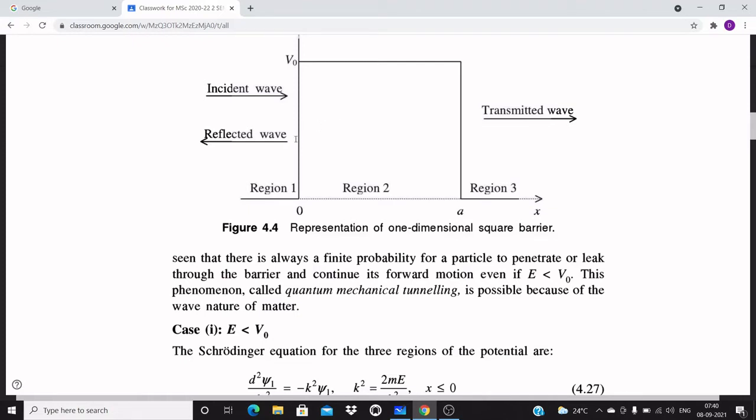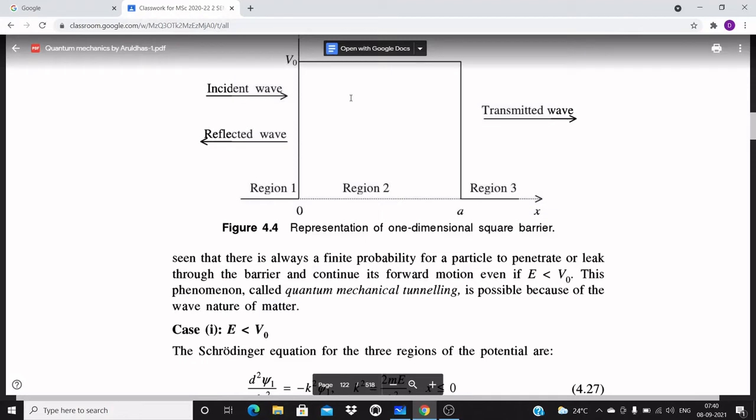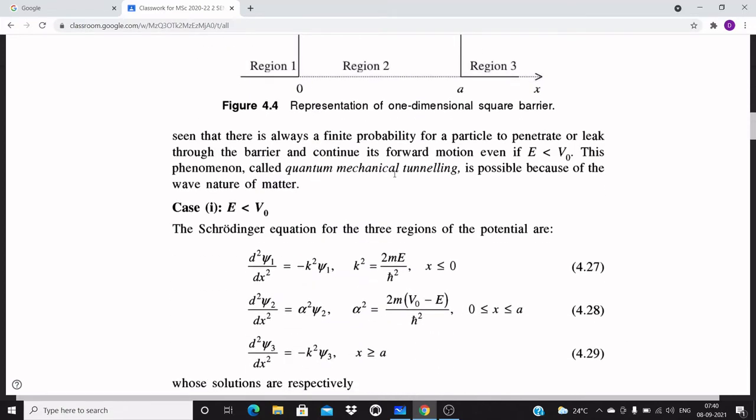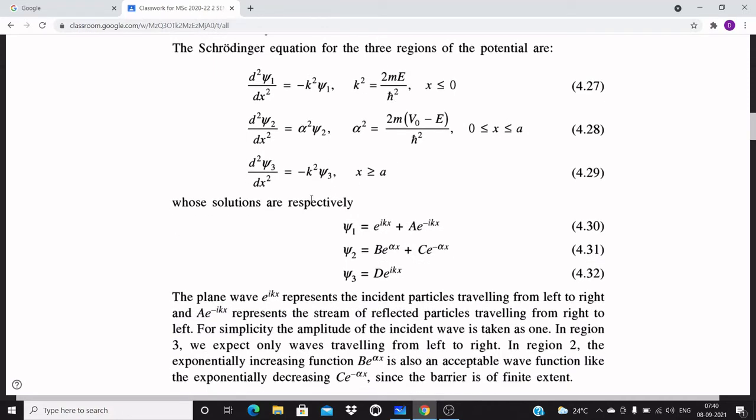exponential growth or decay. Suppose if the particle is getting transmitted, so there will be a chance of an exponential increase first, and then there may be a decrease. And in region 3 we will have only transmitted waves. So accordingly we will assume the solutions.